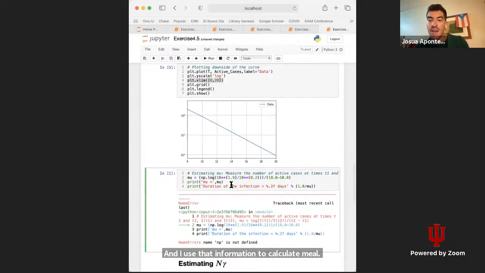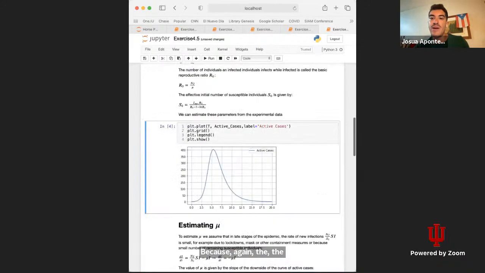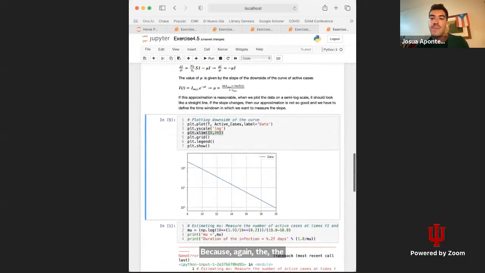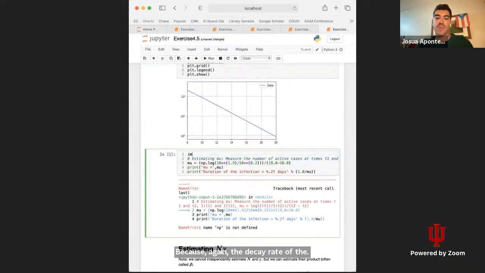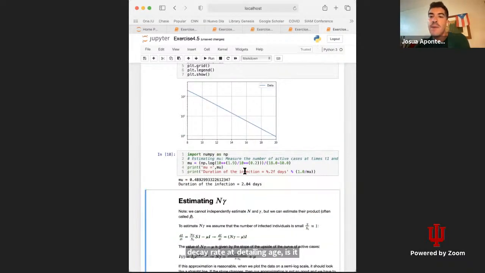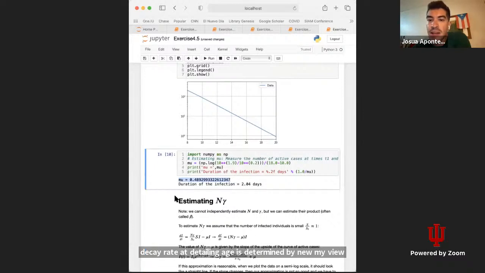Because again, the decay rate at the tailing edge is determined by mu, and by doing this calculation, I estimate mu to be 0.489, and thus the duration of the infection in a single individual is about 2 days.